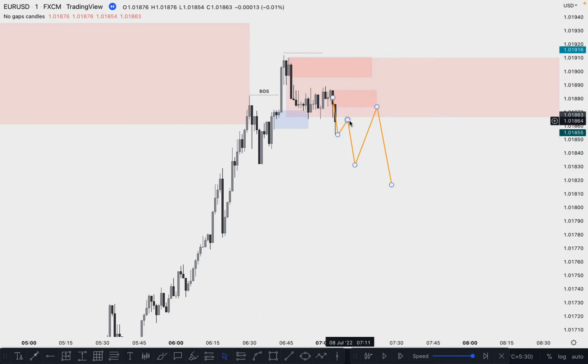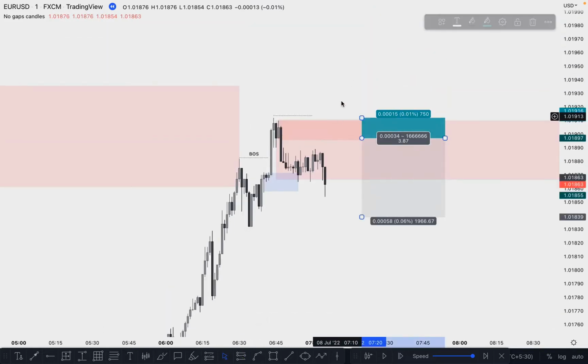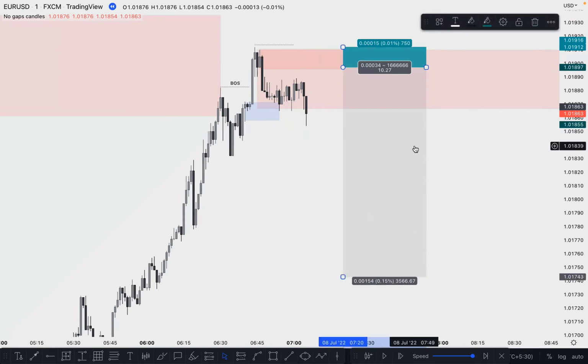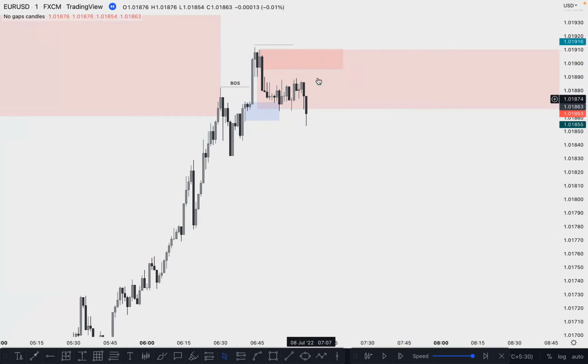Because the market needs inducement, the market needs liquidity before the buy or sell. So you have to wait for it at this structure, at this time you can sell here, correct, like this. If the market did not go higher and creates new structure here, then we can sell at this point also. Let's see.